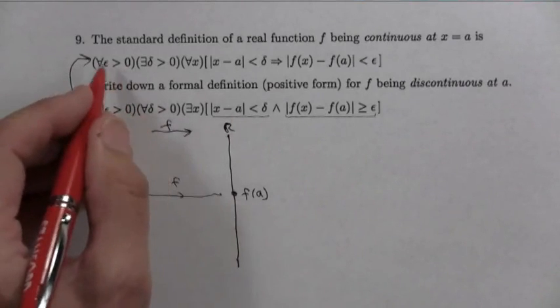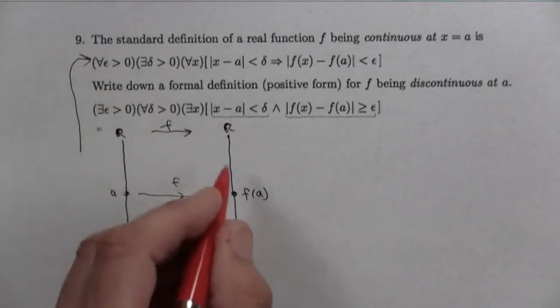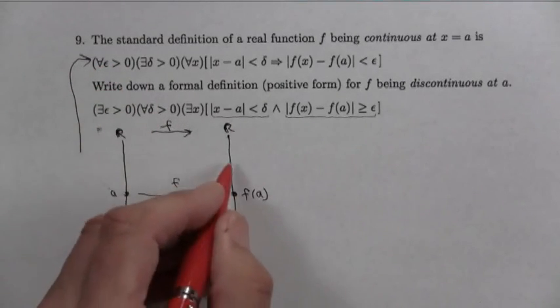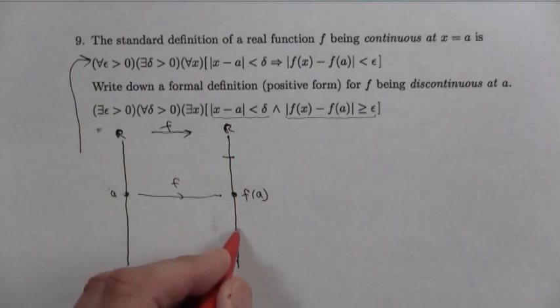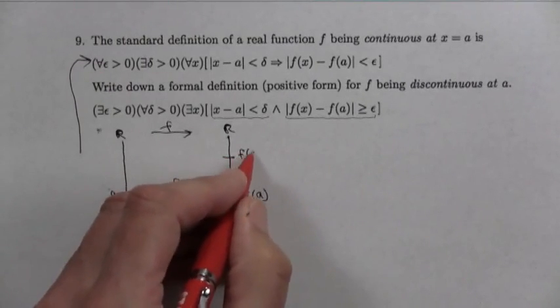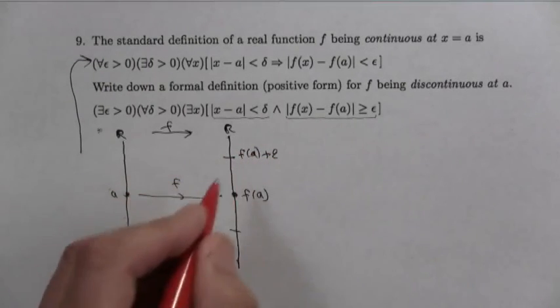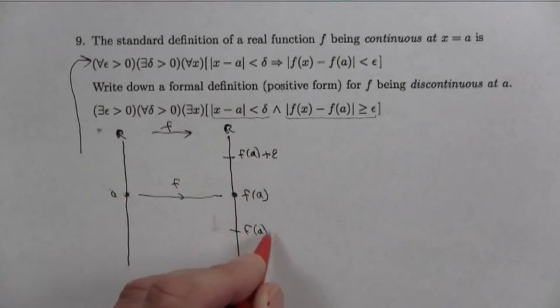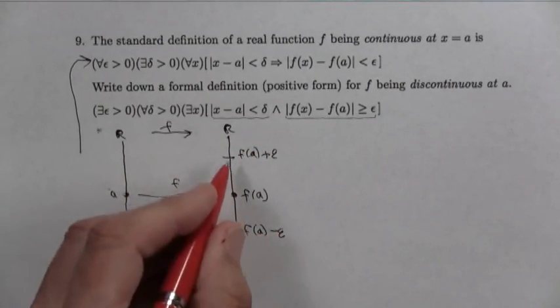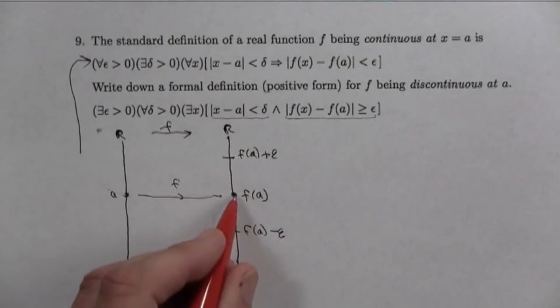But here's what this formula says. It says the epsilons are going to work on here. It says let's take an epsilon here. And let's look at f of a plus epsilon and f of a minus epsilon. So I'm going to take an epsilon interval around f of a.